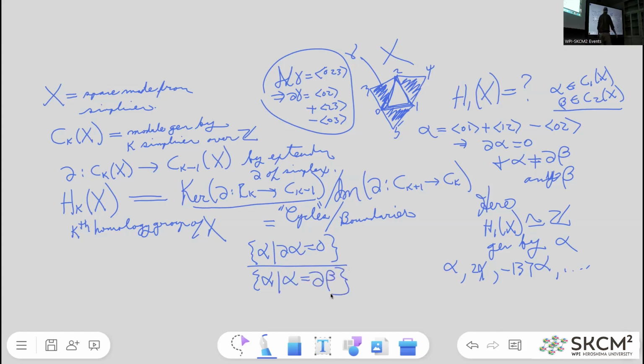Holes modulo holes that are filled in. So we're getting a picture of what are the holes in the space that way, one-dimensional holes in this space, and higher dimensional holes as well. And that's the original idea about homology, that you would measure a space by looking at the holes in this algebraic way, taking the kernel of a boundary operator modulo the image of the boundary operator.